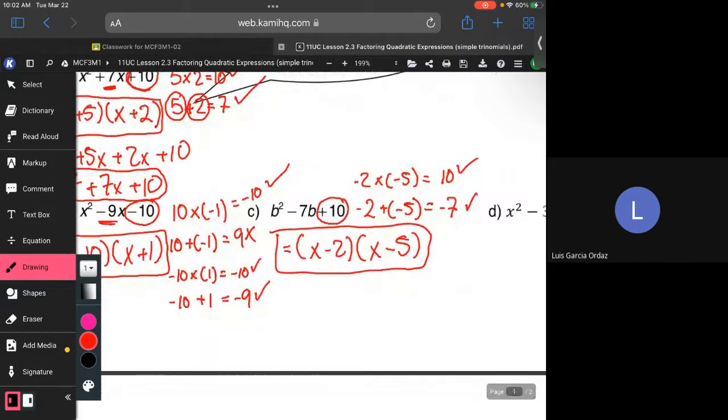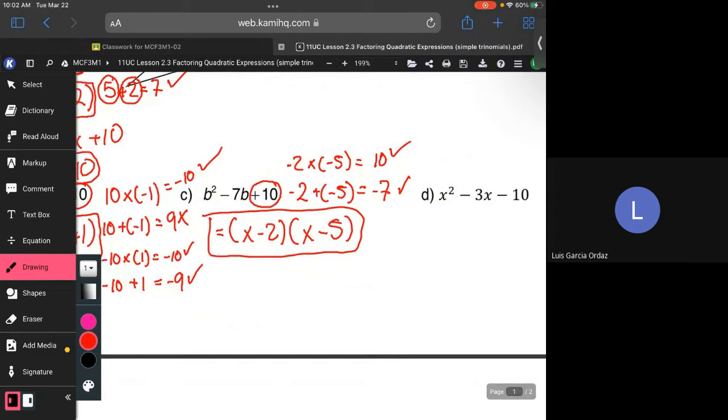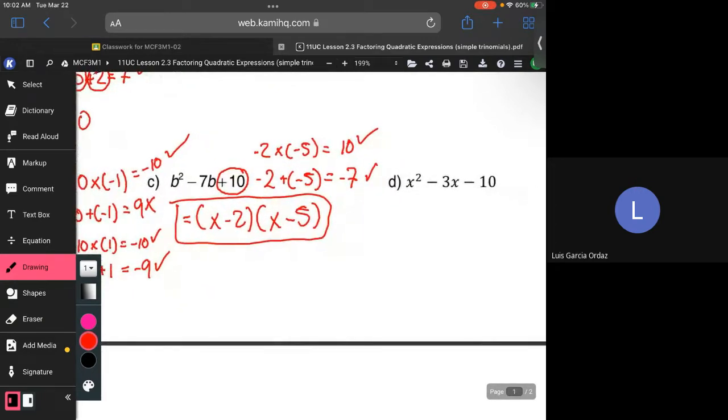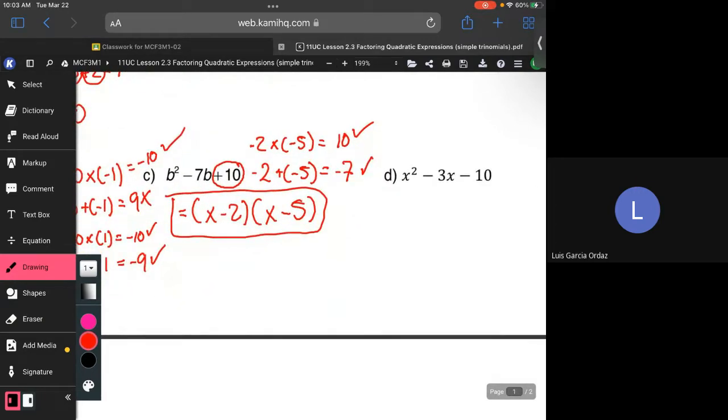So we have D, we have x squared minus 3x minus 10. So you're going to focus on your last number, which is negative 10. So think of numbers that multiply to give you negative 10. Olivia? Negative 5 and 2.